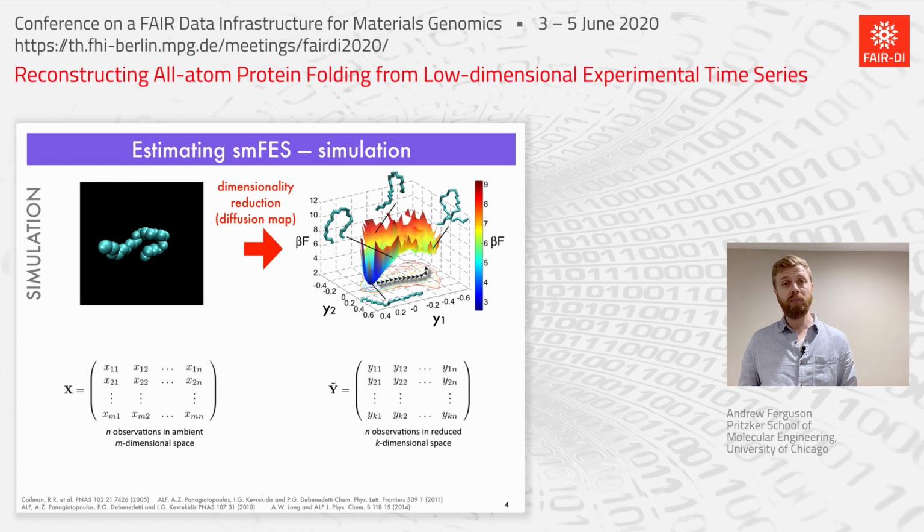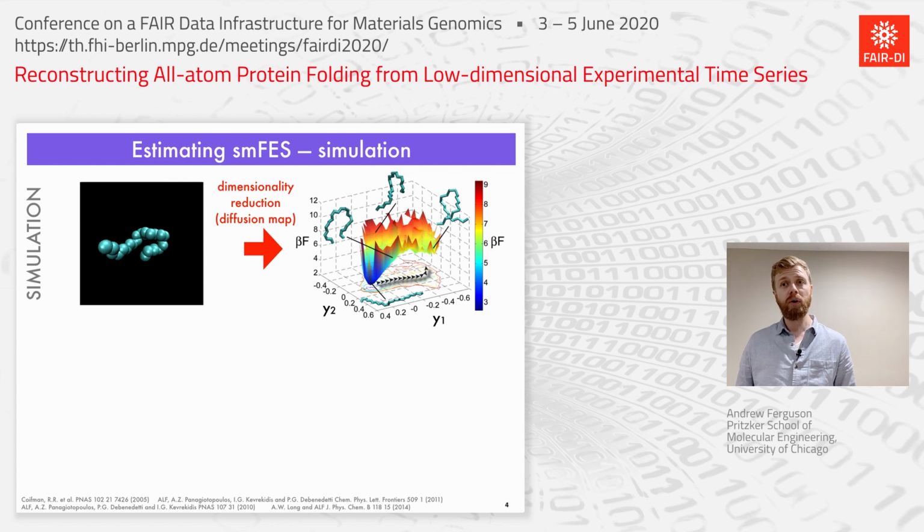By running some dimensionality reduction, we use diffusion maps, but you can use your favorite nonlinear dimensionality reduction algorithm, Isomap, locally linear embedding, Hessian eigenmaps, whatever, one can embed this into a lower dimensional space, y tilde, in which we have our n observations embedded into this k-dimensional space. If you run the algorithm correctly, you can figure out the important collective variables discriminating the important thermodynamic and kinetic states of the molecule. Those are the collective variables in which to build your free energy surface, just by collecting probability histograms and taking the inverse of the Boltzmann factor to turn them into free energies.